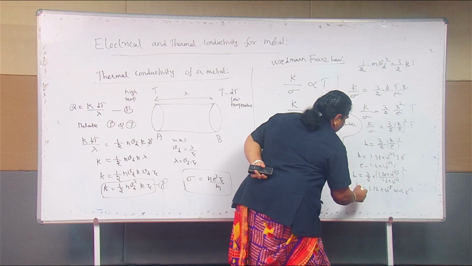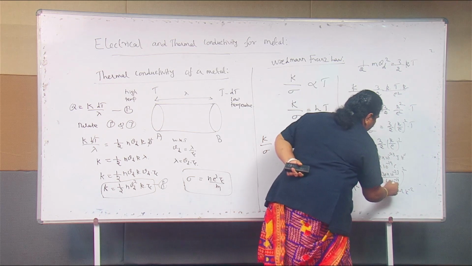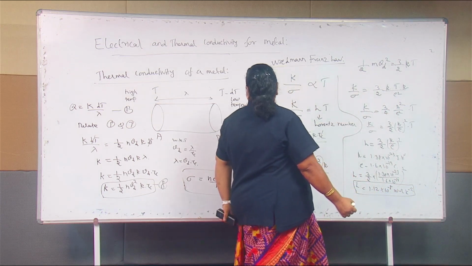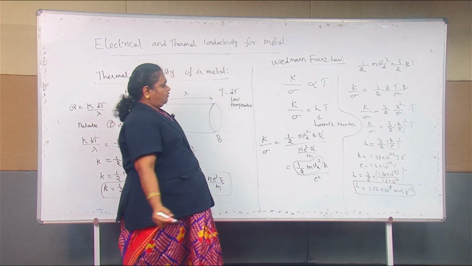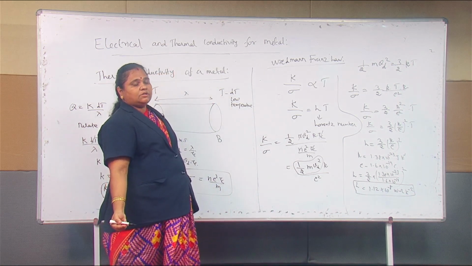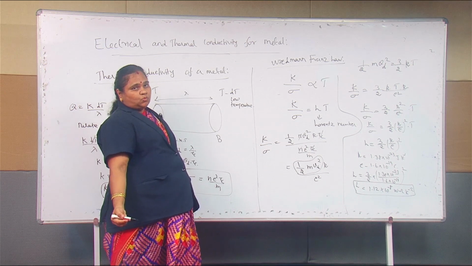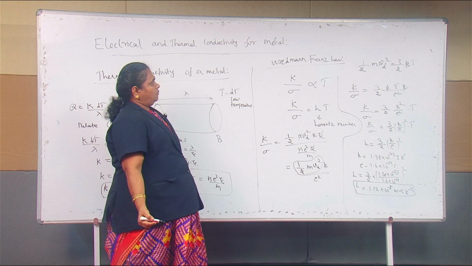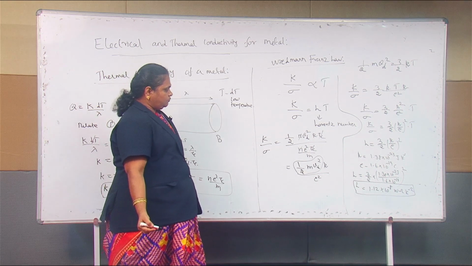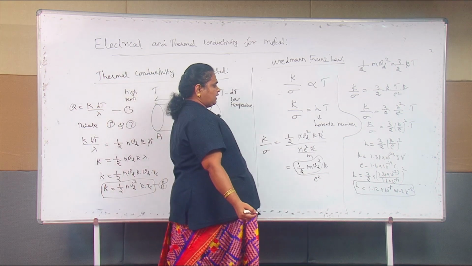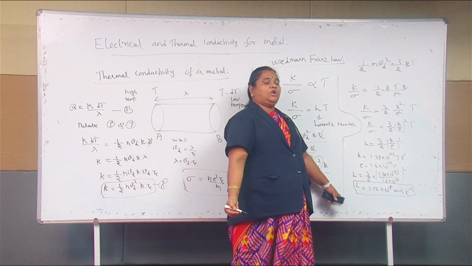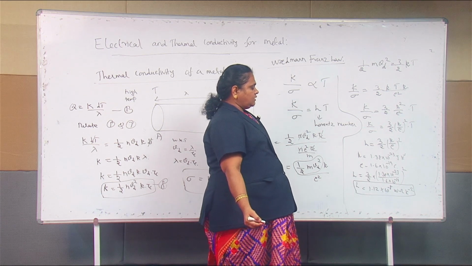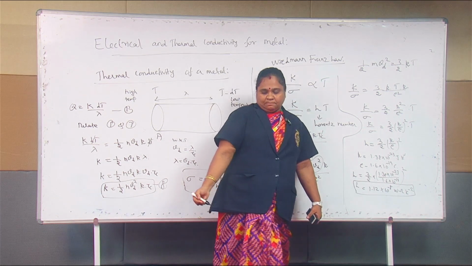This is the Lorentz number. So we arrived at the electrical and thermal conductivity of a metal by the classical free electron theory. Hence, with the help of the expressions for K and sigma, we proved the Wiedemann-Franz law, and also we get the constant value of the Lorentz number as L is equal to 1.12 into 10 power minus 8 watt ohm Kelvin power minus 2.